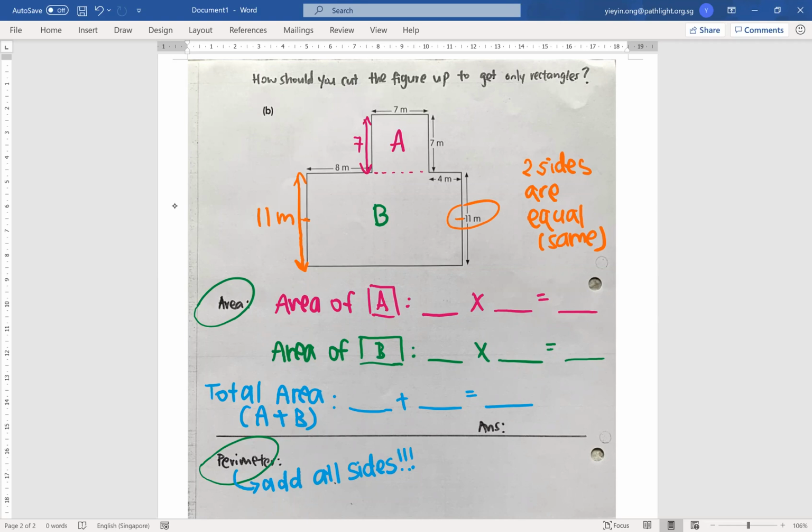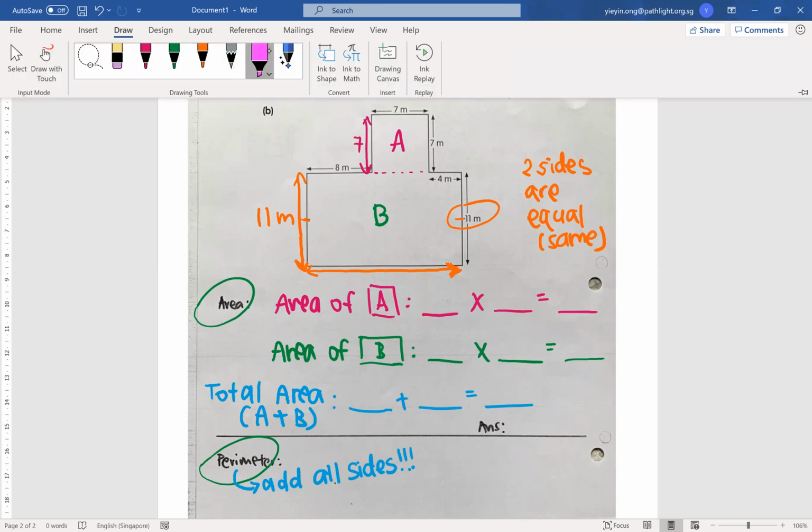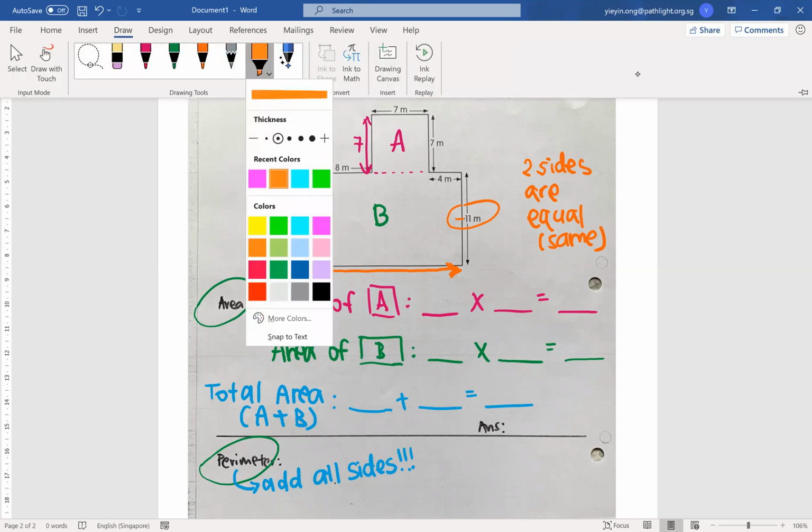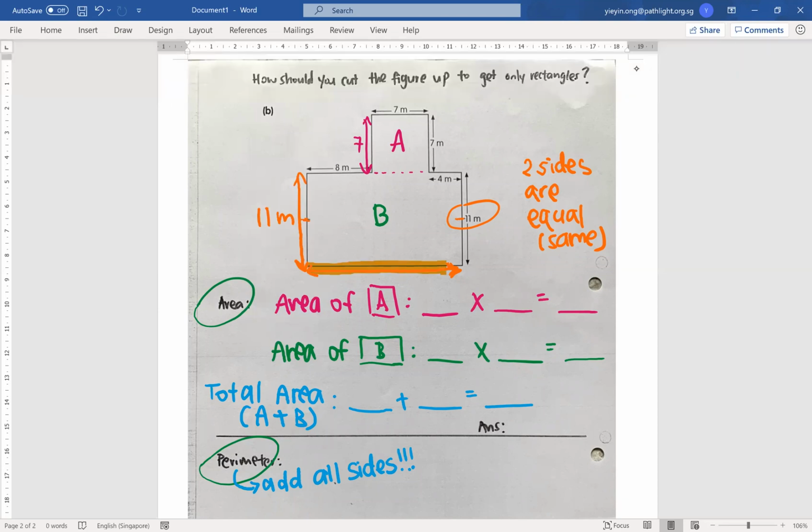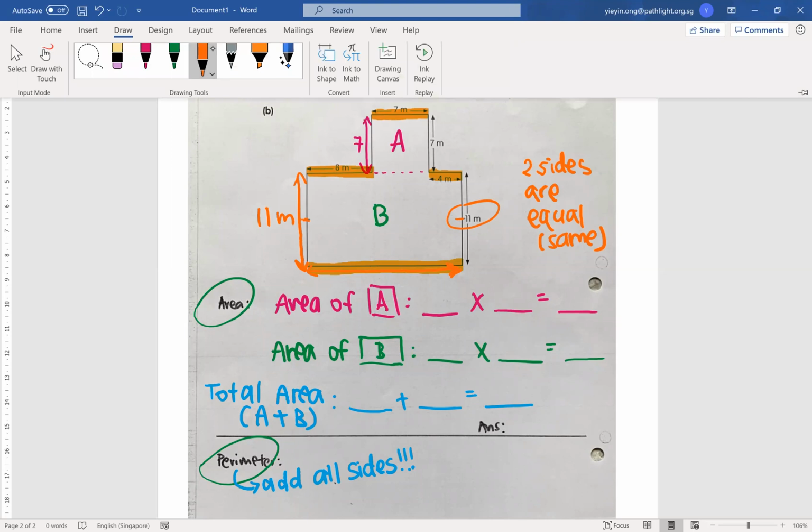All right. Then next, we have this unknown part at the bottom. For this unknown part at the bottom, you have to look upwards and you can see that this unknown part comprises the 8 meter part, the 7 meters part, and the 4 meters part. So I'm going to add them up.